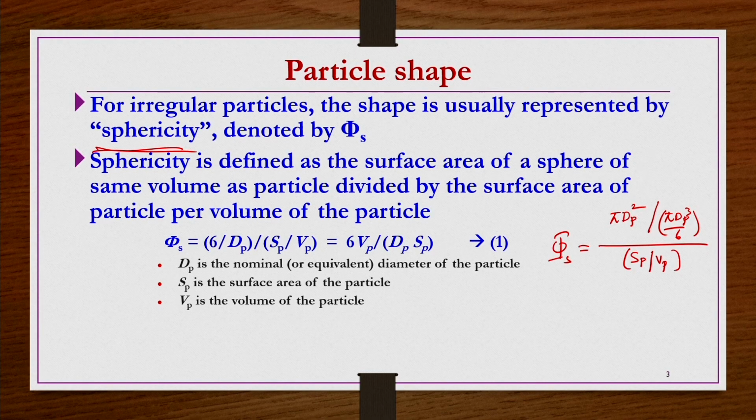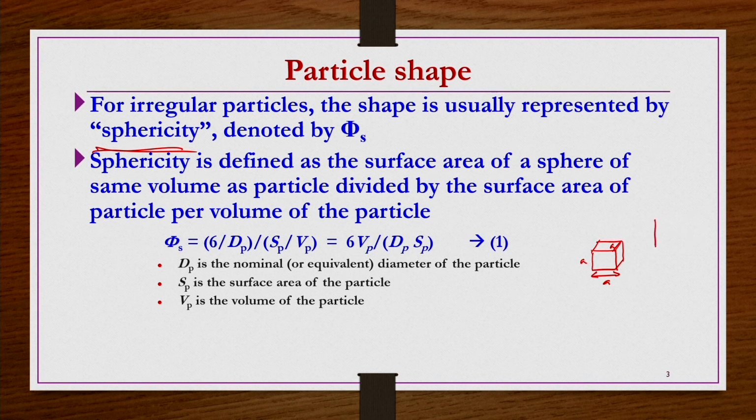Now, you may be wondering whether this sphericity is dependent on the size of the particle. Let us say you have a small cube, where all the sides are the same, this side is A, the same as this, and the same as this.